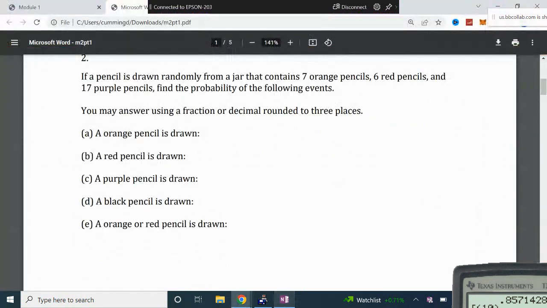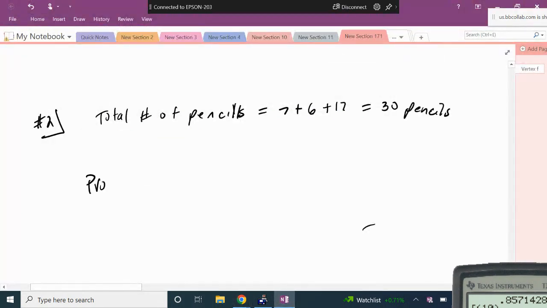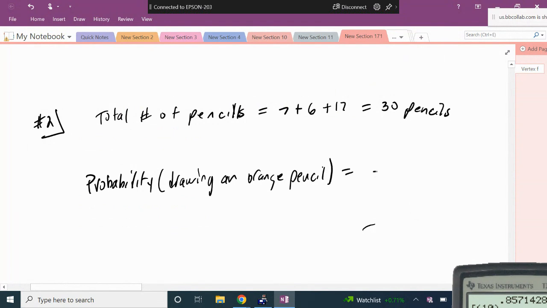The first one says the probability of an orange pencil is drawn, right? Well, how many orange pencils are in the jar? 7, right? So the probability of drawing an orange pencil is going to be what?